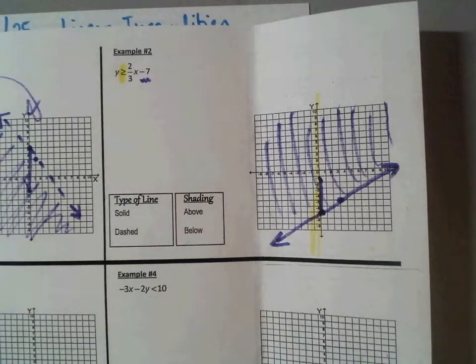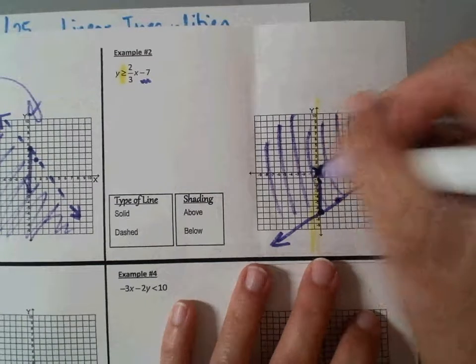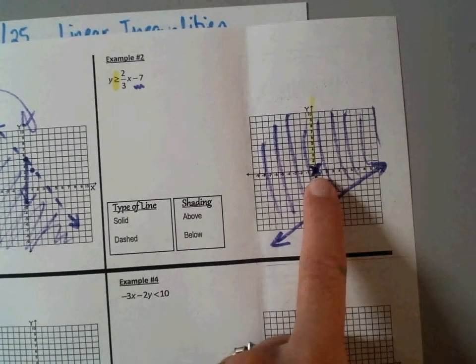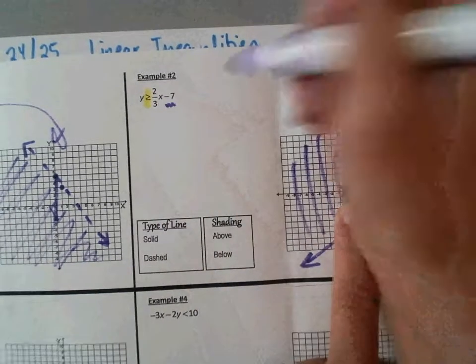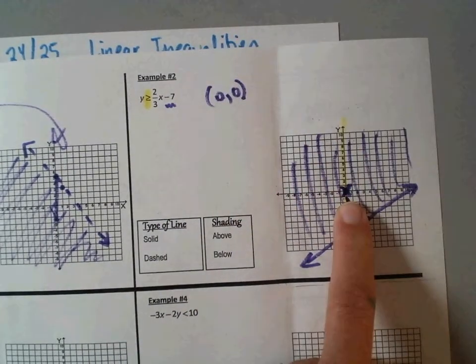Can you all tell me one ordered pair that would work in our example? 0, 0. Yes, I would pick the origin too. It's right here. Is 0, 0 in your shaded region? Yes. So when I sub in 0, 0, let's just do that real quick because this one's pretty easy.